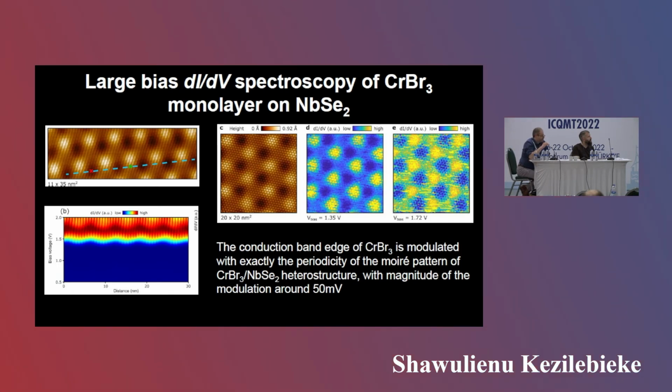You can also look at the 2D case here in the different maps, and as you can see, for example, in one bias map, the dark region turns into a bright region, and from this modulation, we can estimate the magnitude of the modulation to be around 50 millielectronvolts.